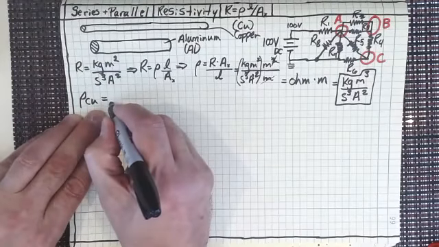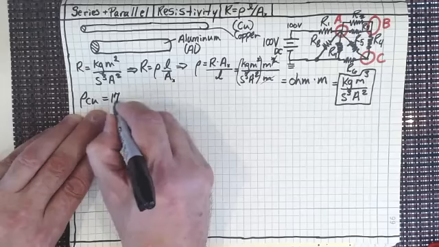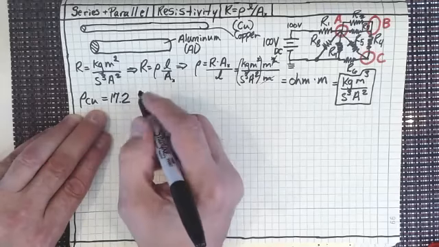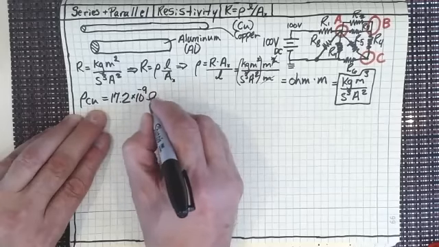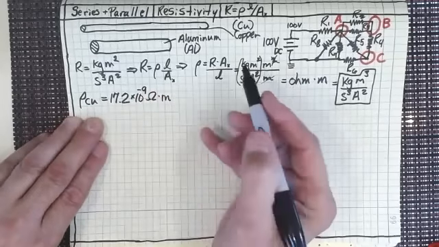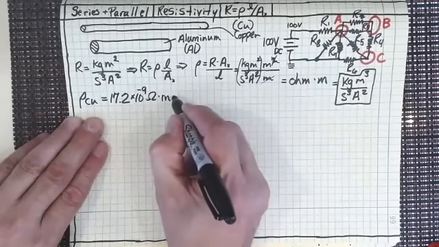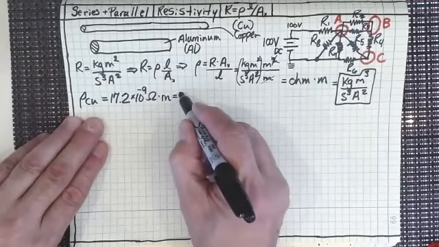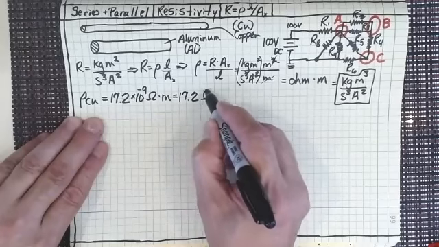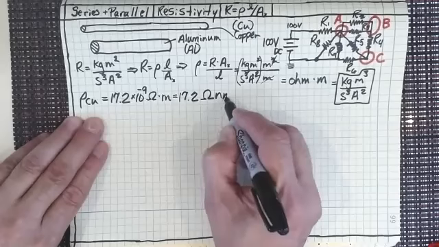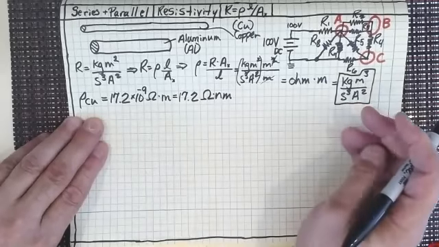But your book says that it is 17.2 times 10 to the minus 9 ohm meters for copper, right? We could also write that as 17.2 ohm nanometers, couldn't we?